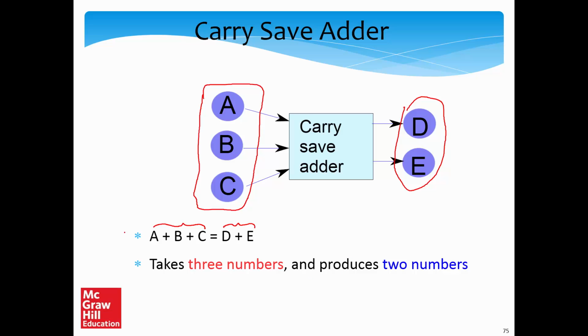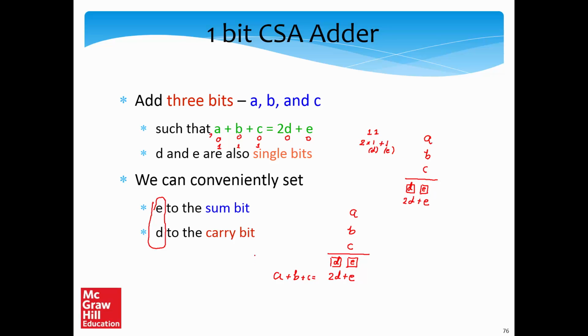If I take a look at the previous diagram, what I have done is taken three 1-bit numbers and produced two numbers, where 2D can be thought of as capital D and small e can be thought of as capital E. So the sum of these two is equal to the sum of these three. Now let's do this for more bits.